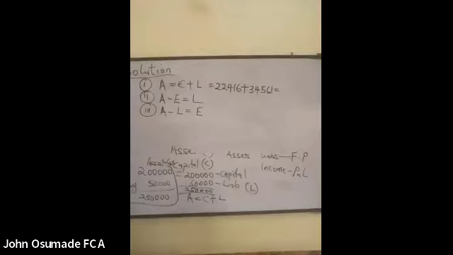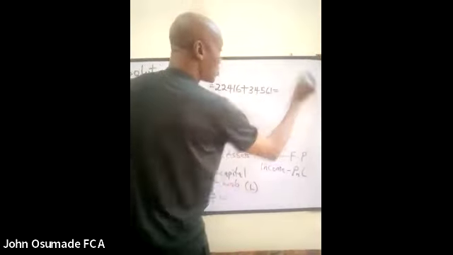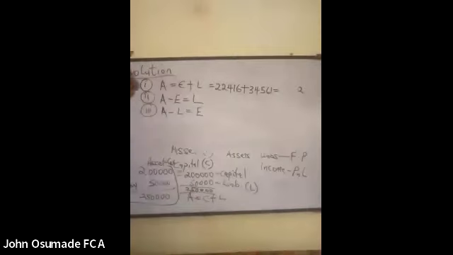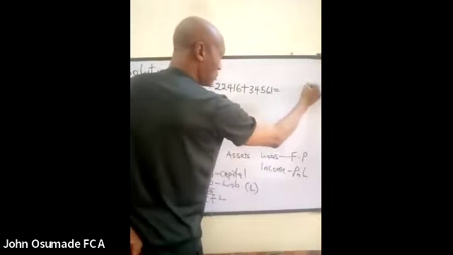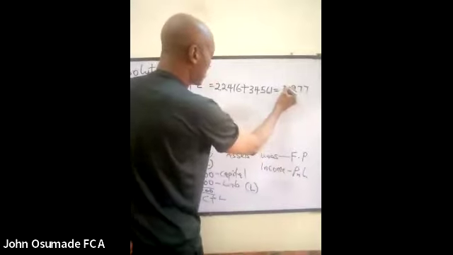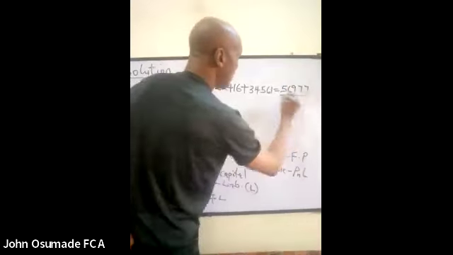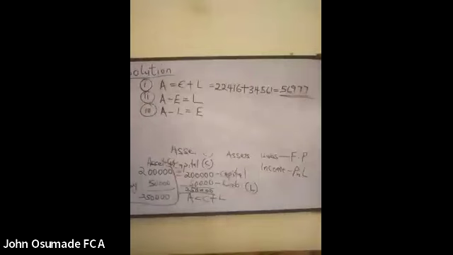Somebody should give me the figure. 6 plus 1 is 7. 6 plus 1, 1 plus 9, 77. 56,977.